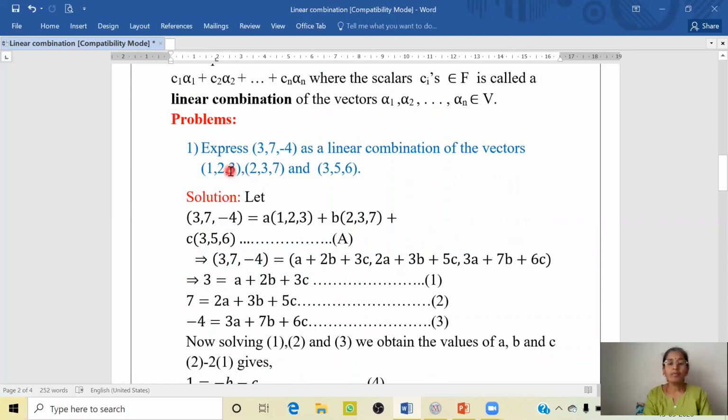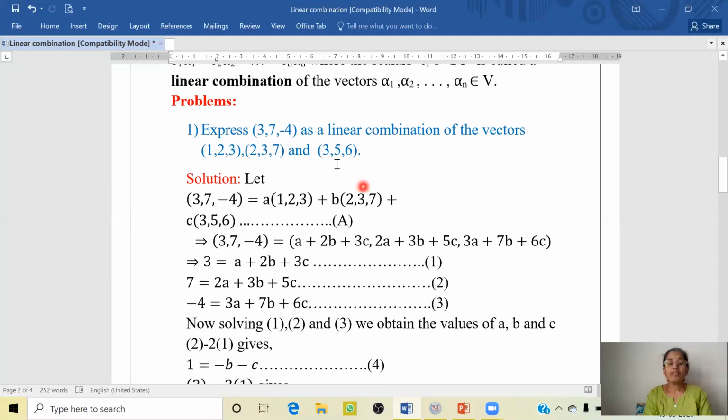So the problems are of the form: express (3, 7, minus 4) as a linear combination of the vectors (1, 2, 3), (2, 3, 7) and (3, 5, 6).